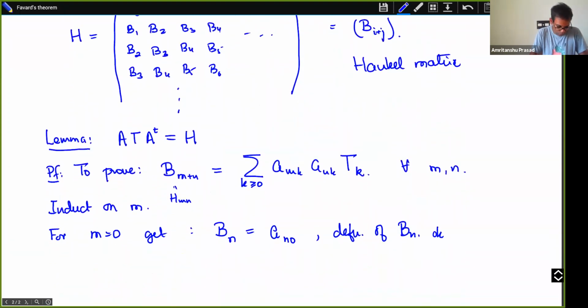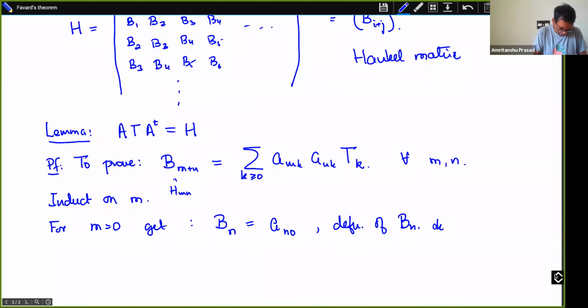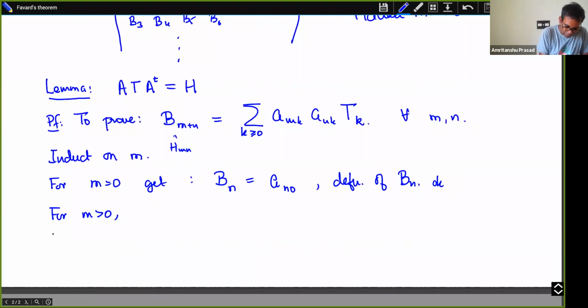And now we do the induction. So for m greater than 0, let's take this sum. Let's now use the inductive definition of amk.